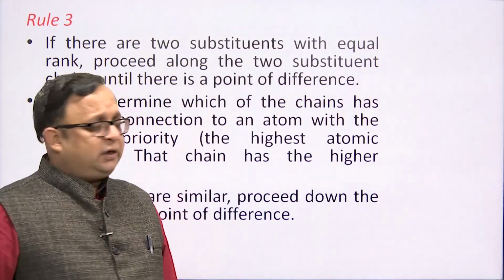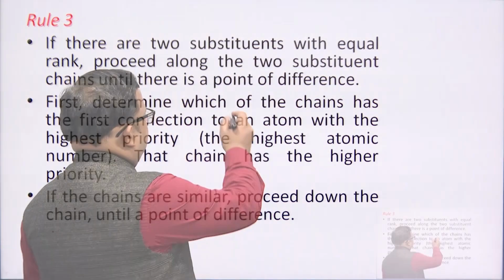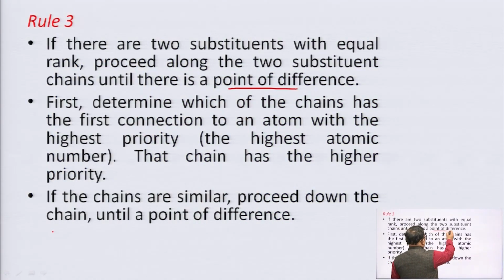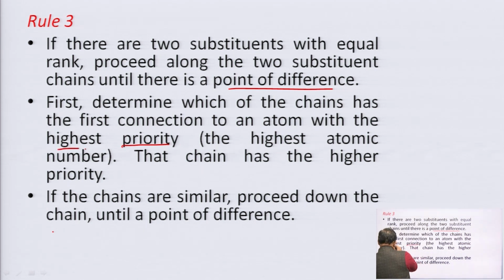In that case we have to go up to the point of difference. What does it mean? First of all, determine which of the chains has the first connection to an atom with the highest priority. We have to identify an atom with highest priority.